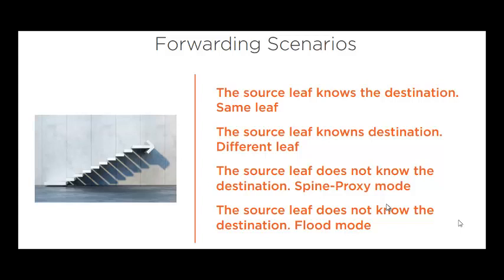See, the original destination is remote only, but the packet now needs to go from the leaf to the spine first. That is what is called spine proxy mode. Because the source leaf does not know about the destination, it will forward the traffic to the spine.